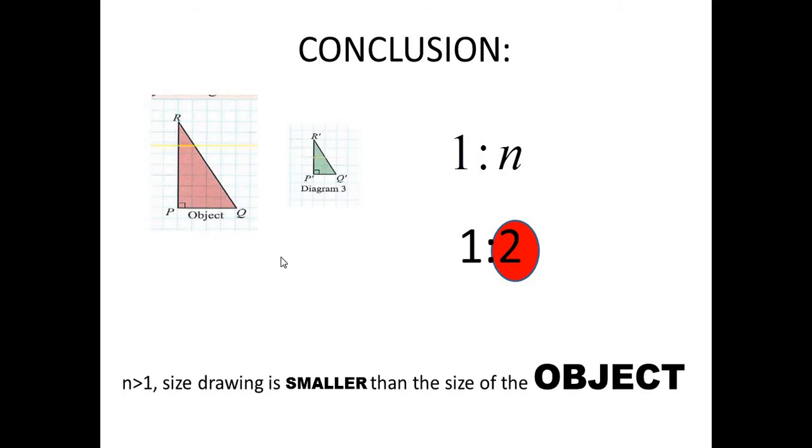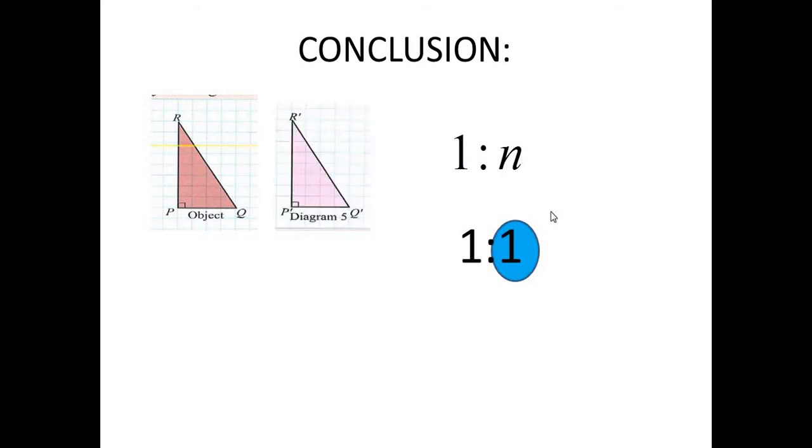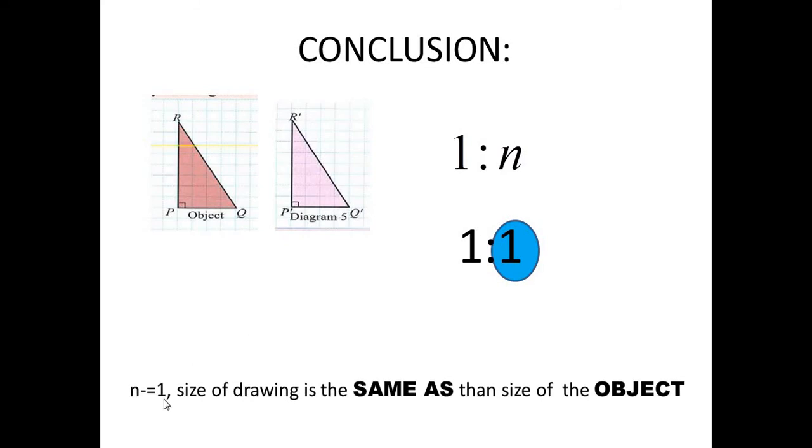Okay, next. How about here? Exactly the same size, so it is 1:1. So if n equals 1, meaning the size of the drawing is the same as the size of the object. Okay, you got it?